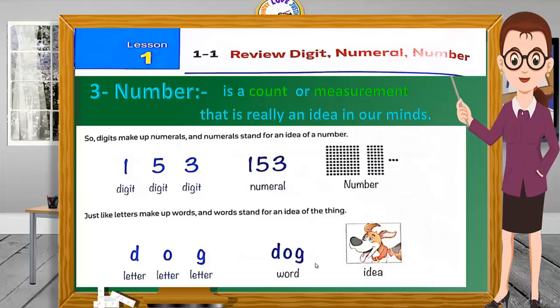If we put letters together to make a word, this word has a meaning, an idea in your mind. Dog means this picture. You can see any dog in your mind. So a word represents an idea in your mind.